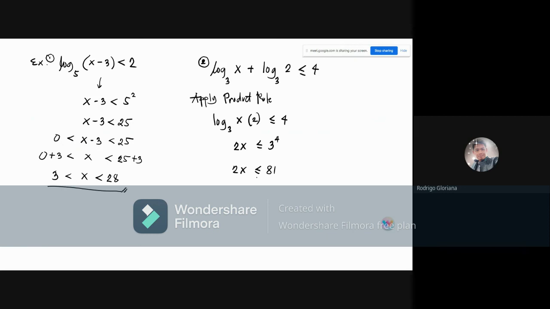Then we have the property that 2x is greater than 0 but less than or equal to 81. Laging less than or equal to, and 0 hindi siya pwedeng mag-equal to 0. Then divide by 2. So x is greater than 0 and less than or equal to 81 divided by 2. So this is the value of x. That is how we solve.